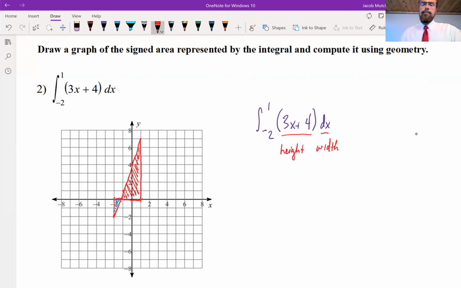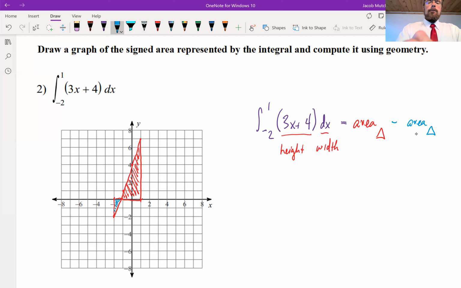As we saw with our limiting process, we're taking that dx down to smaller and smaller intervals. And what we'll say is that this is equal to the area of the upper triangle minus the area of that lower triangle that's below the x-axis.